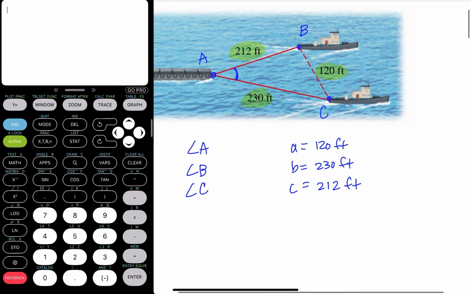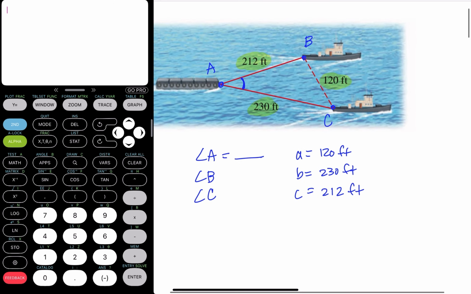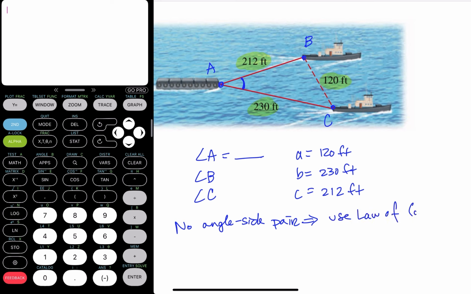All right, so I want angle A, and since I have no angle side pair, that means we do what? No angle side pair means we use the law of cosines. Let's go use the law of cosines.